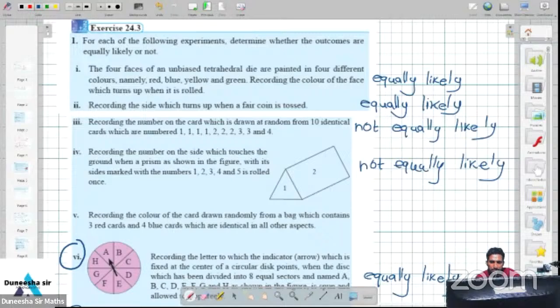Equally likely or not equally likely? Not equally likely, right? Okay, not equally likely.